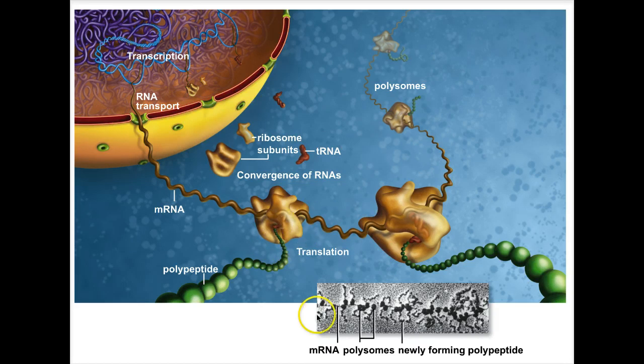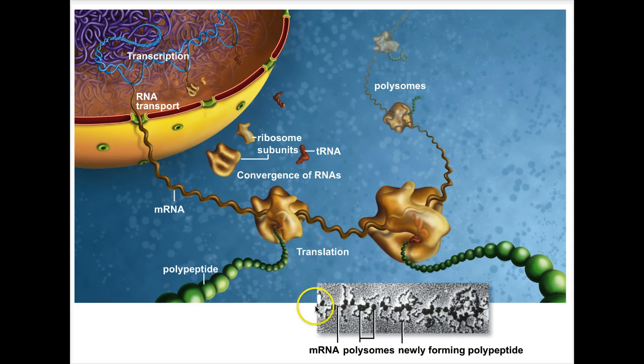So as the ribosome continues down the messenger RNA, the process of translation occurs, and our end result is going to be the formation of a chain of amino acids linked together by peptide bonds, and this structure is called our polypeptide, which becomes our protein.